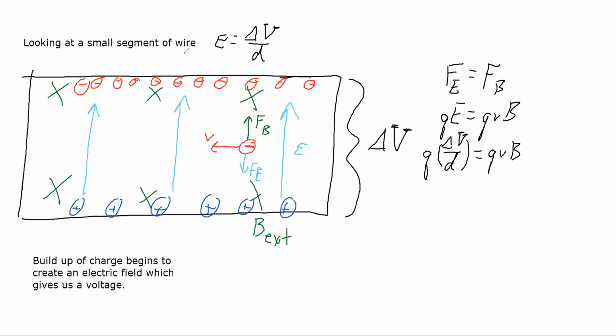And I'm going to solve for delta V. So if I solve for delta V, the voltage across this wire is going to, the Q's cancel out, so charge goes away. And what is that? dVB. So the diameter of the wire times the velocity, which is a drift velocity. I'll put VD here. This is our drift velocity of the electron. We talked about that in chapter 27. And then times magnetic field.